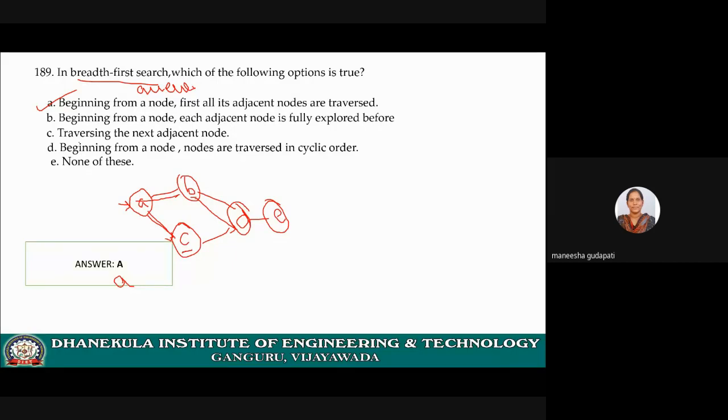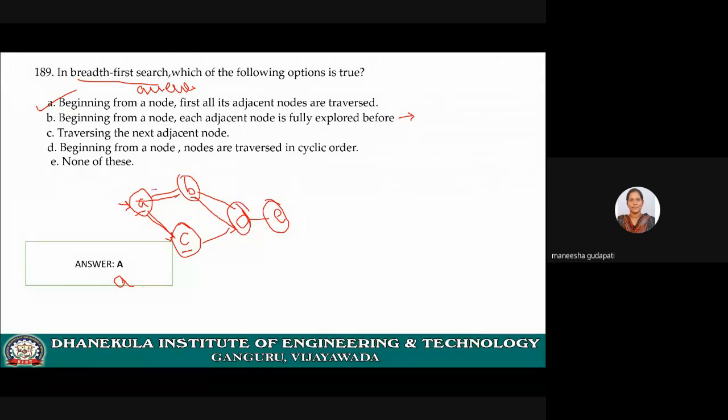If you consider the second option, what is it? Beginning from the node, each adjacent node is fully explored before the next. So this is apt for which type of traversal? I'm starting from node A. Next, each adjacent node is fully explored.